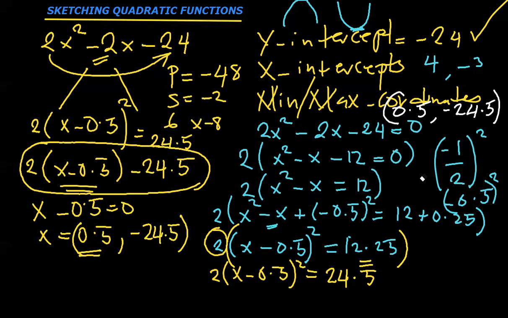When you're sketching, you don't choose anything to do with the scale, as long as you show what is required: the y-intercept, the x-intercepts, and the coordinates of the maximum or minimum point. So I'm going to erase the left-hand side once again, so that I can now draw my graph.